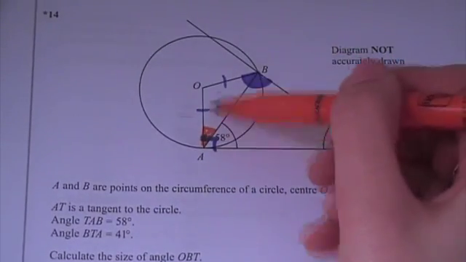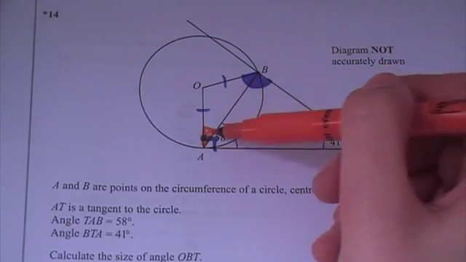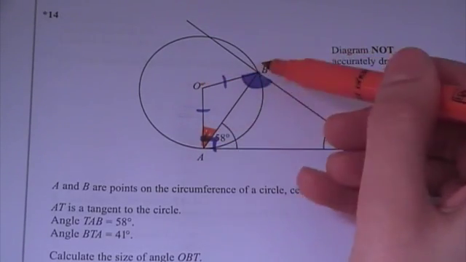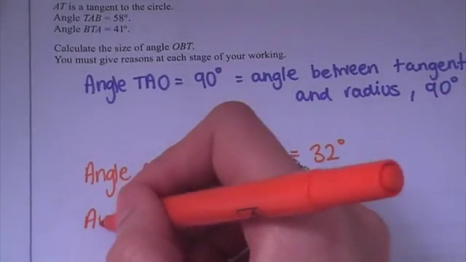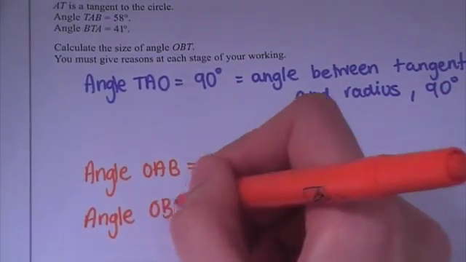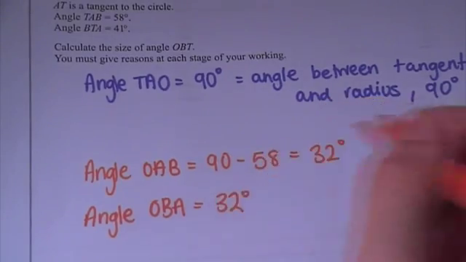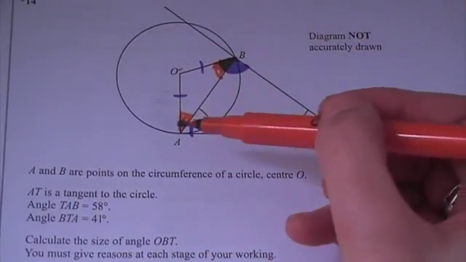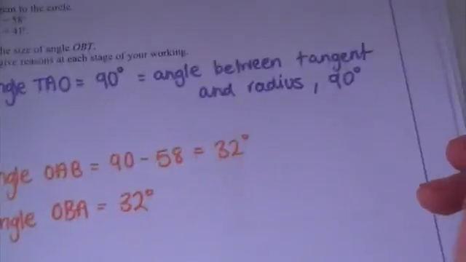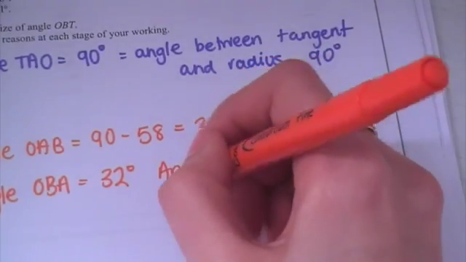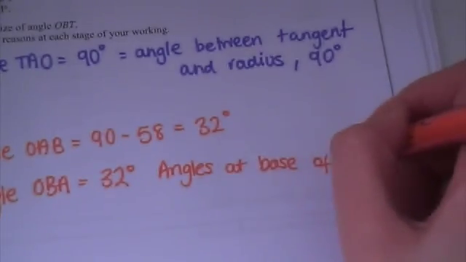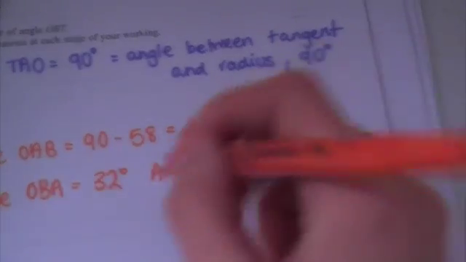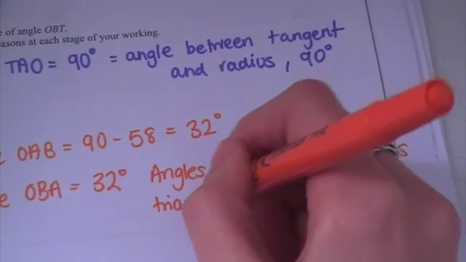Now that helps us because if angle OAB is 32, then angle OBA, so here, must be the same. Angle OBA is also equal to 32 degrees, and the reason for this, the angles at the base of an isosceles triangle are equal. So angles of isosceles triangle.